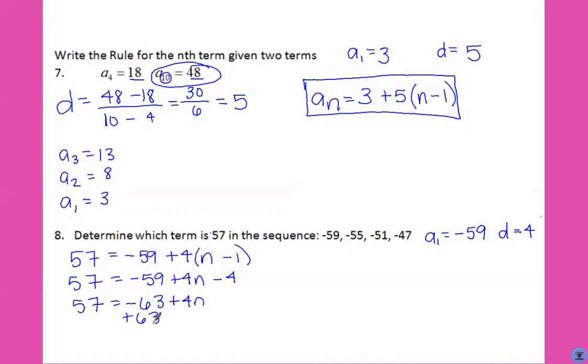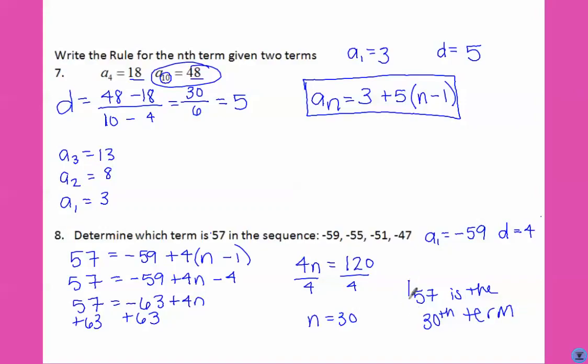Add 63 to both sides. 4n equals 120. Divide both sides by 4. N equals 30. So 57 is the 30th term in the pattern.